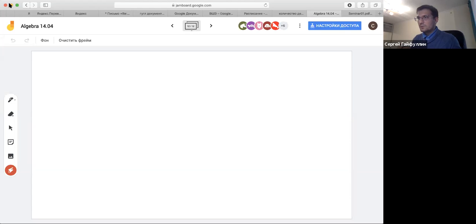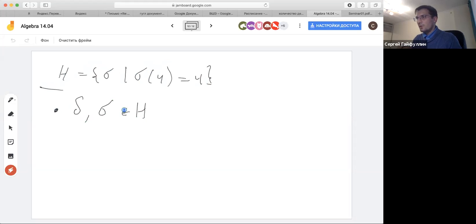We have H. This is all sigma such that sigma takes 4 to 4. Let us try to show that H is a subgroup. What do we need to show? We need to show that if we have 2 elements, delta and sigma from H, then their multiplication belongs to H. This is true because sigma takes 4 to 4 and then delta takes 4 to 4.